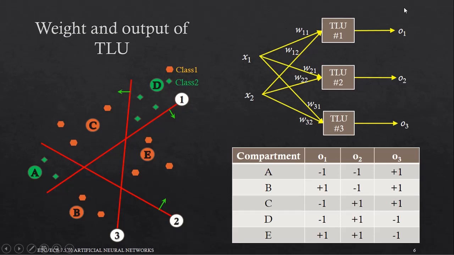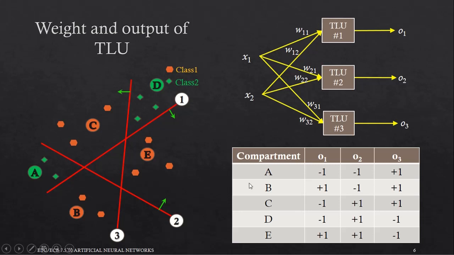Now, since each pattern lies on either positive or negative side of every line, for every pattern, the TLUs will give either a +1 or a -1 response. For example, for patterns in compartment D, response from O1 would be -1, response from O2 would be +1, and the response from O3 would be -1.